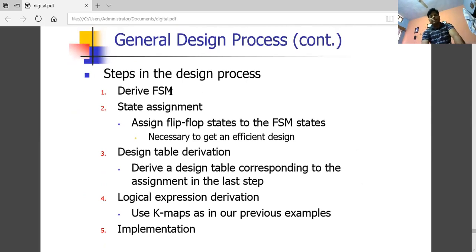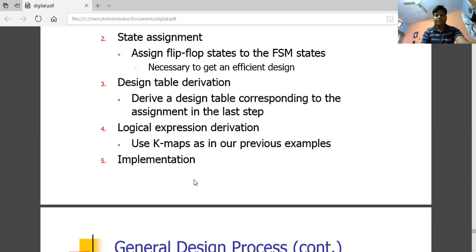Derive the FSM, do a state assignment, assign flip-flop states to the FSM states, derive a design table corresponding to the assignment in the last step, derive the logical expressions using K-map, solve the K-map to find the equations, and then implement them.